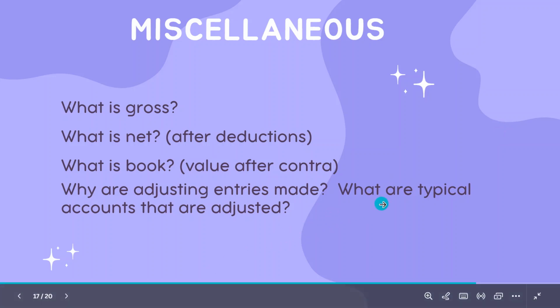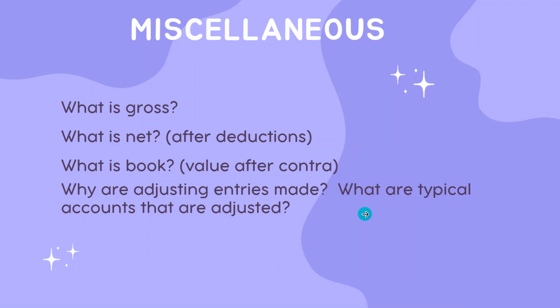Okay, why are adjusting entries made? Well, to make the balances correct. We talked about that a little bit ago, right? To make those asset accounts accurate. What are typical accounts that are adjusted? Asset accounts are adjusted. You want to make them accurate.